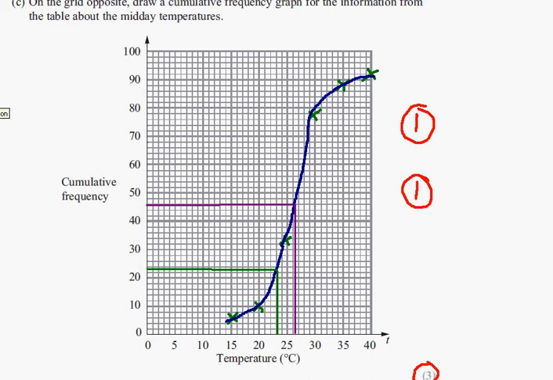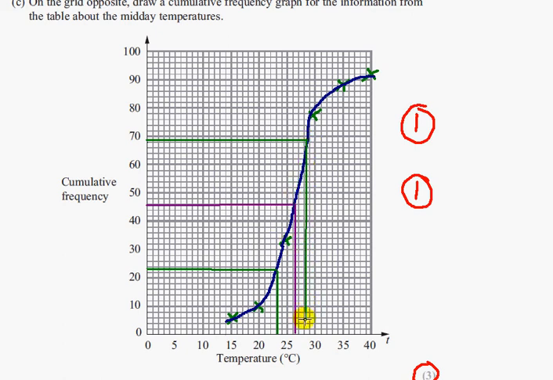That's going to be your 69th day. 69th day there. Let's hope that curve's good enough.